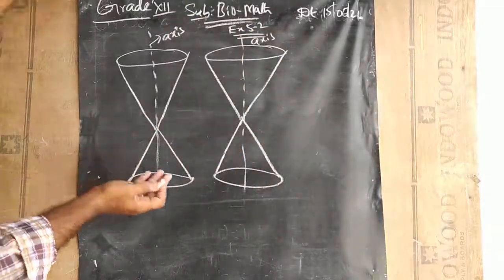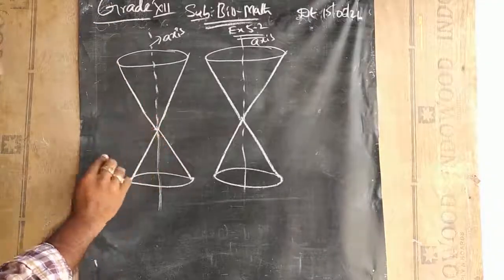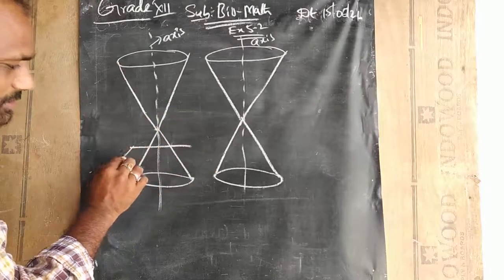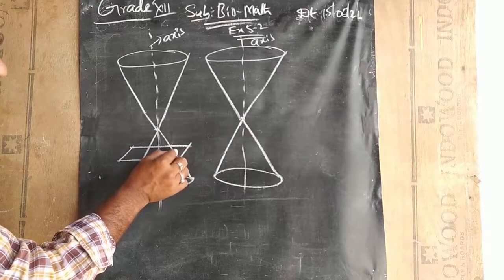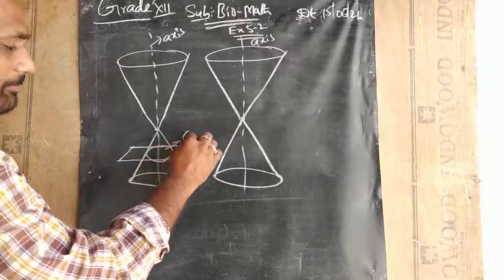So here two cones are joined in this way, and if I am keeping the plane parallel to this, then the shape formed will be a circle.